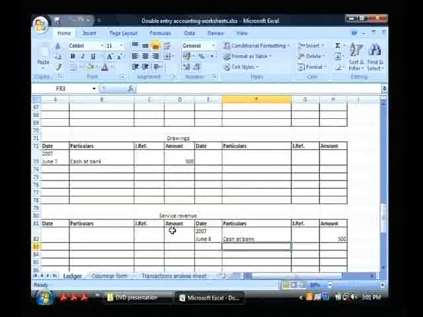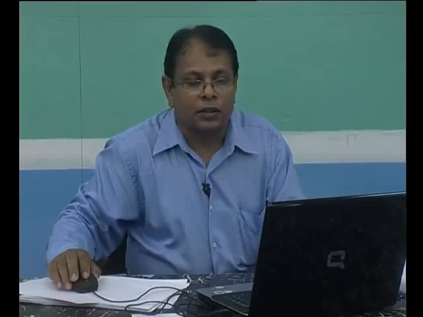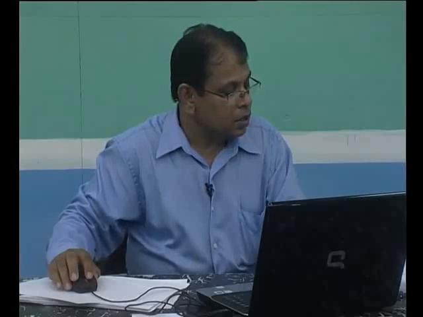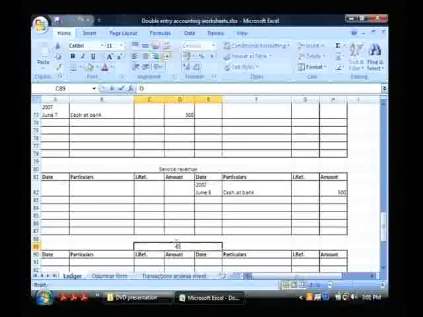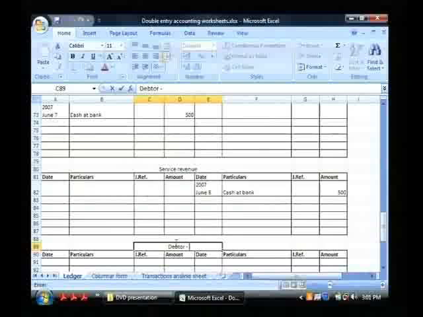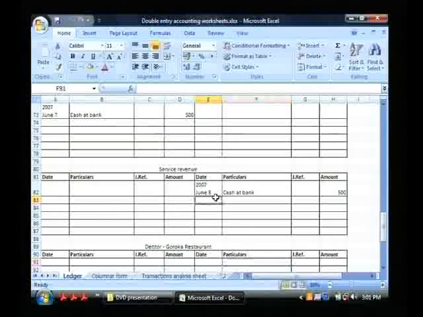Ninth, services provided on credit. Therefore, the double entries we have already identified and recorded in the transaction analysis chart. What are the double entries? Debtor Guruka Restaurant. So we don't have an account, therefore create an account. Debtor Guruka Restaurant, and we have the service revenue account here.